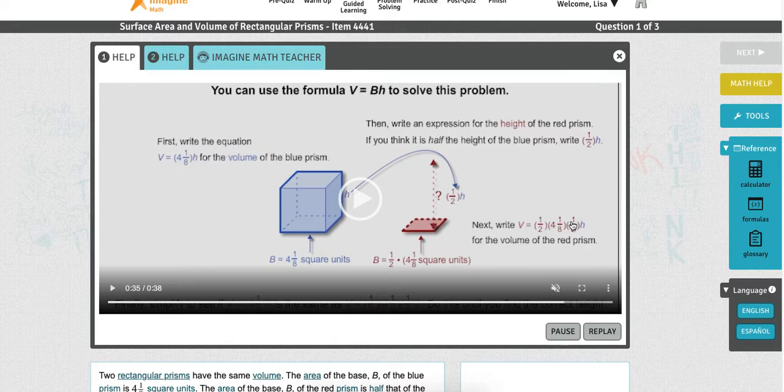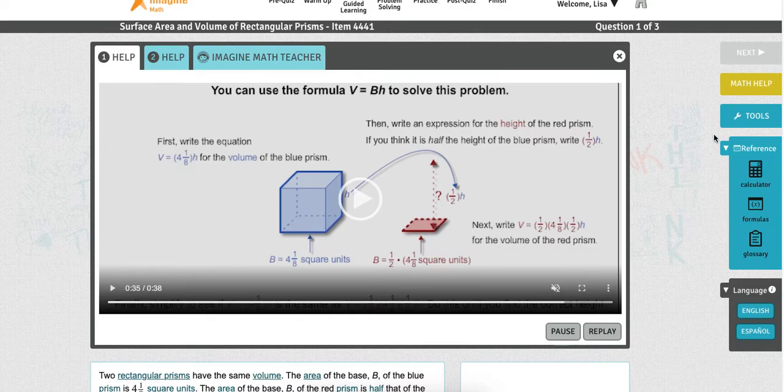So that means I'm going to be doing 0.5 for the half times 4.125, because that is the 4 1/8. And then I'm going to multiply that by 2 to see if doubling the height fixes the problem.